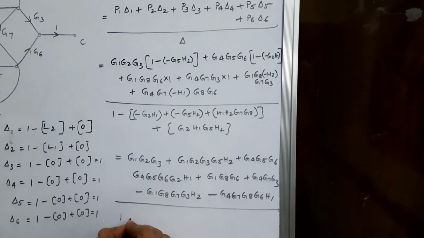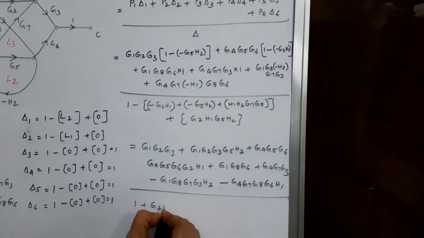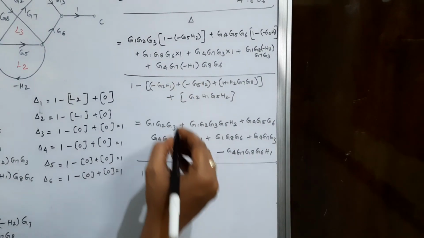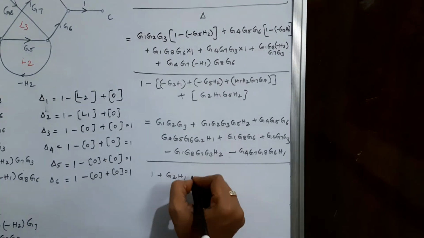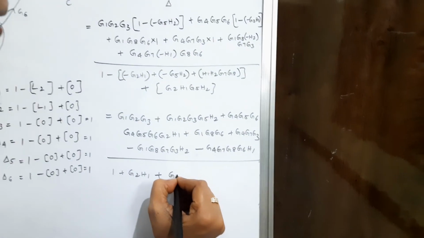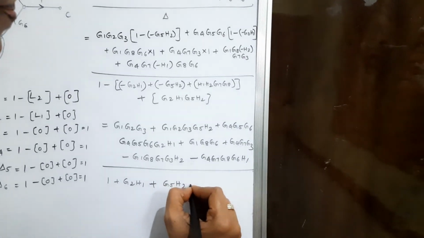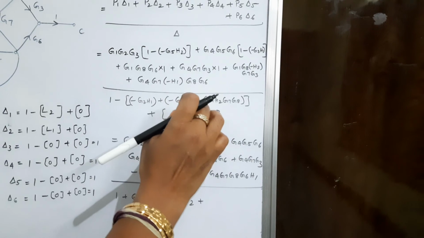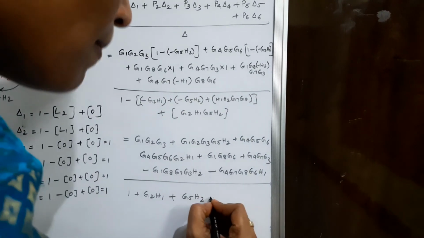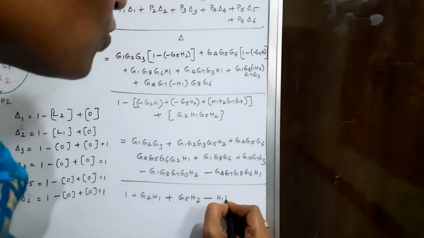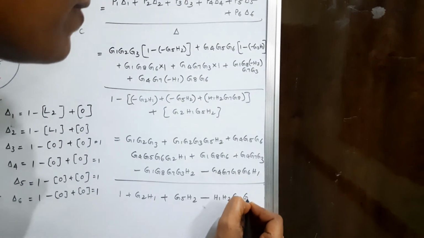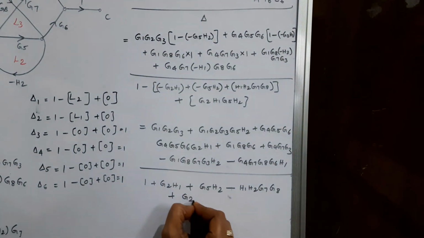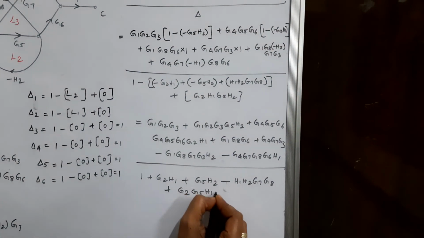delta. Delta is 1 plus G2 H1 minus, so here I will be getting plus into minus, minus into minus becomes plus here, that is G5 H2, as it is plus, again plus into minus it becomes minus here, minus H1 H2 G7 G8, then plus G2 G5 H1 H2.